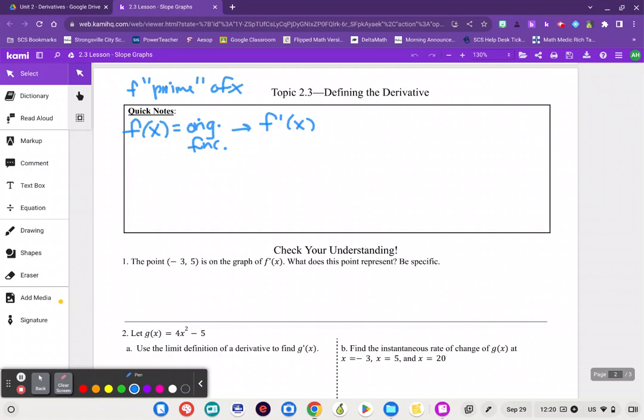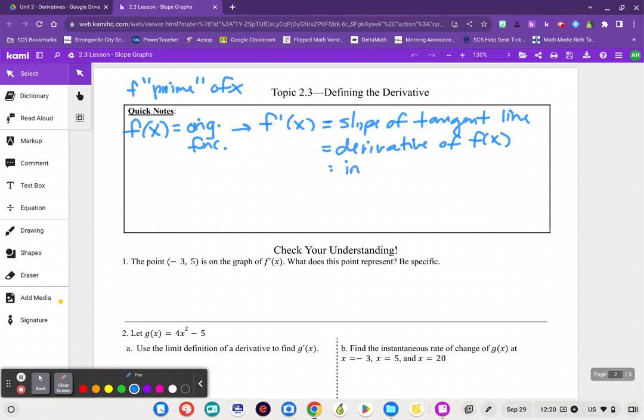F prime of x tells me a couple of things, okay? F prime of x gives me the slope of the tangent line to the f function at a specific x value. It tells me the derivative of the function, which again represents the slope of the tangent line to f of x.